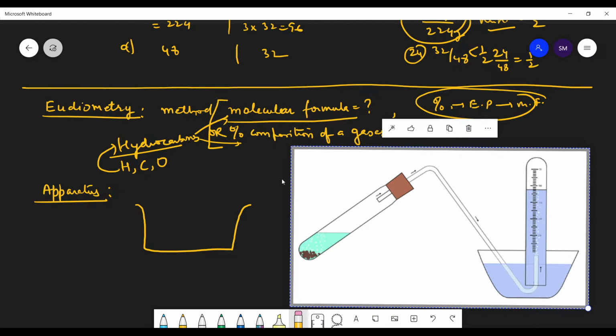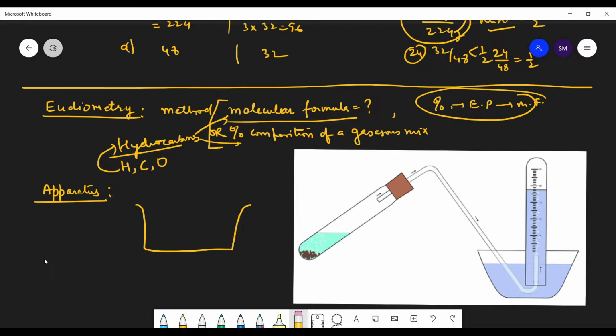You need not draw it, but if you would like to draw it, you can draw it now or later. It is there on Google search. You just Google search eudiometer and you will find it over there.